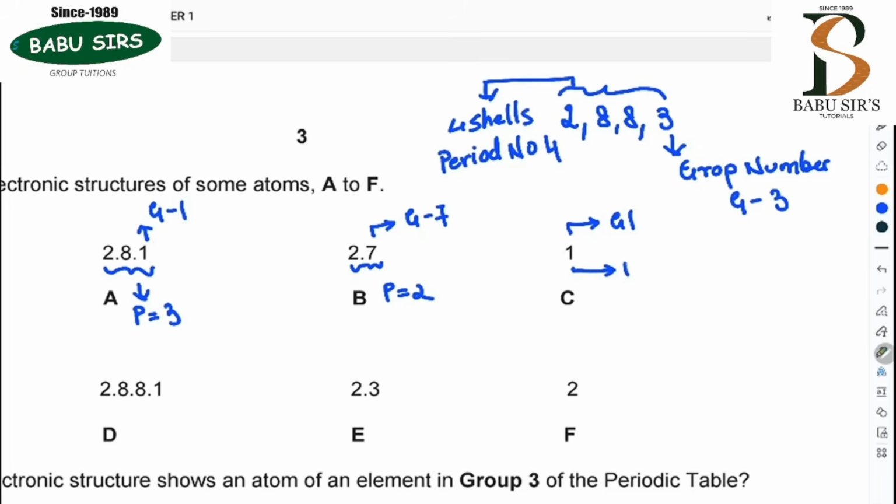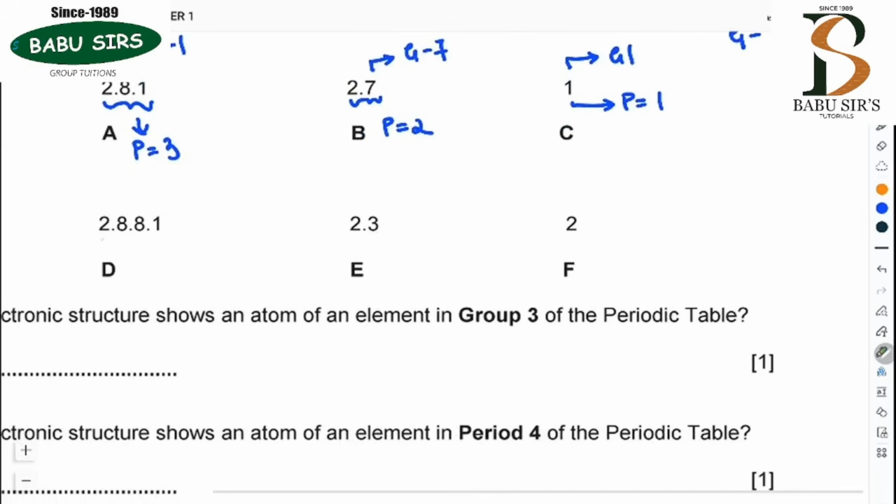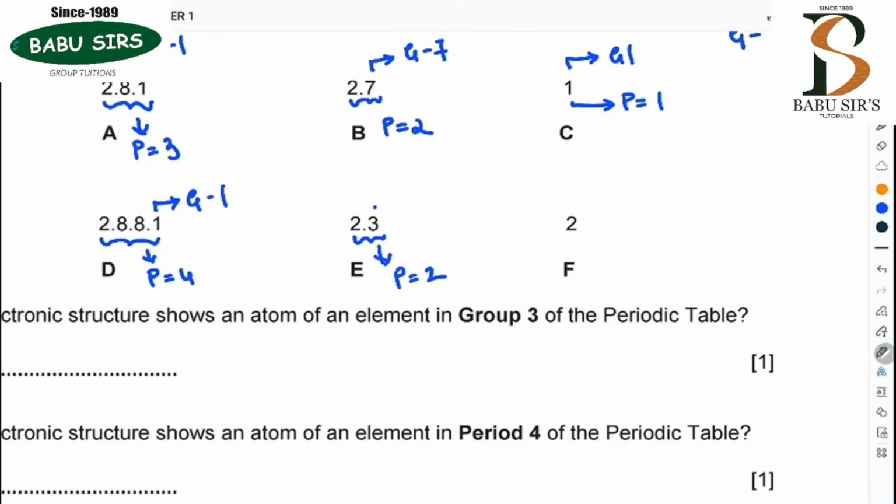Only one orbit. So period number also 1. Here it is 4 shells. So it is period number 4. In the last it is 1. So group number 1. Here there are 2 shells. So it is period number 2. In the last it is 3. So group number 3. Here it is 2.